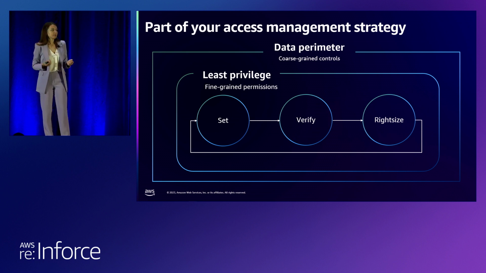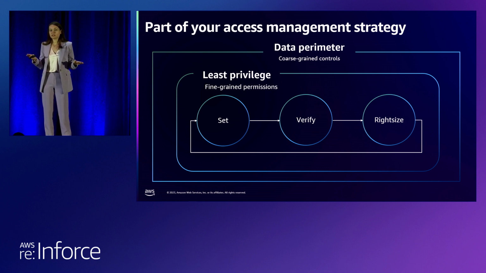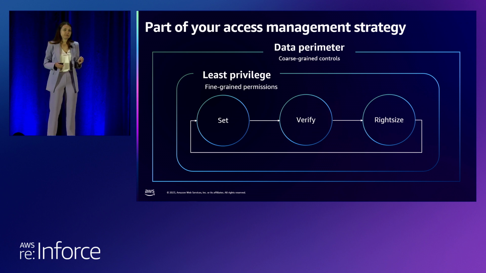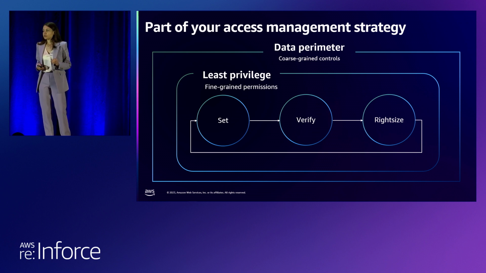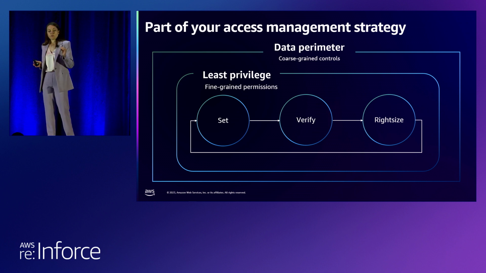Data perimeter is about none of my developers should be able to access buckets that don't belong to my organization. So data perimeters are very coarse-grained in nature. They allow you to enforce security invariants across all of your resources and across all of your accounts, helping you more securely advance through your least privilege journey, but they don't replace it.